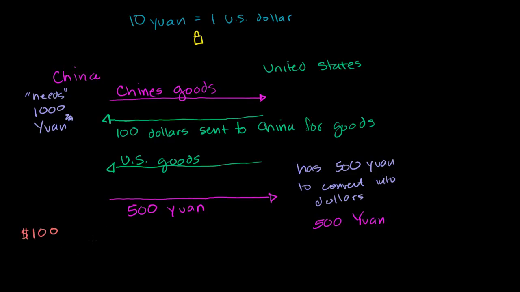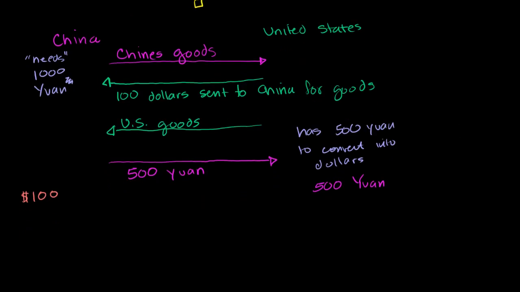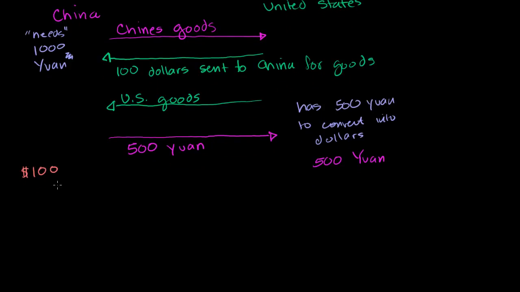Now, the Chinese government wants this $100 to be converted into 1,000 yuan. So what they do is they say, okay, $50 of this $100 can be essentially traded for these 500 yuan.